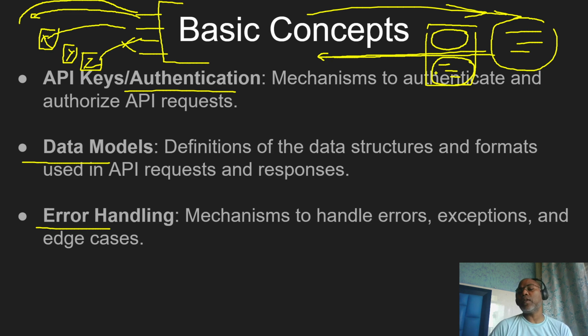So be clear: hey, this API requires authentication. You are not a valid user to access this API. Or a valid authenticated user tries to access the API and the API says, hey, you are not an authorized user to access these resources. Maybe you are a valid user, but you do not have the allowed role to access these resources. So clearly mention error handling.